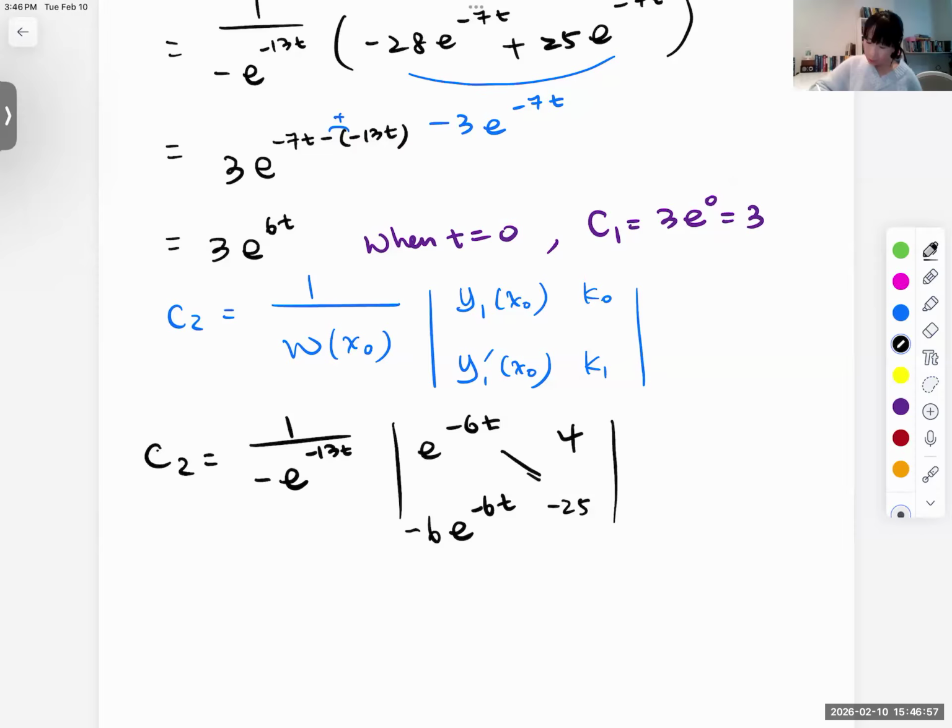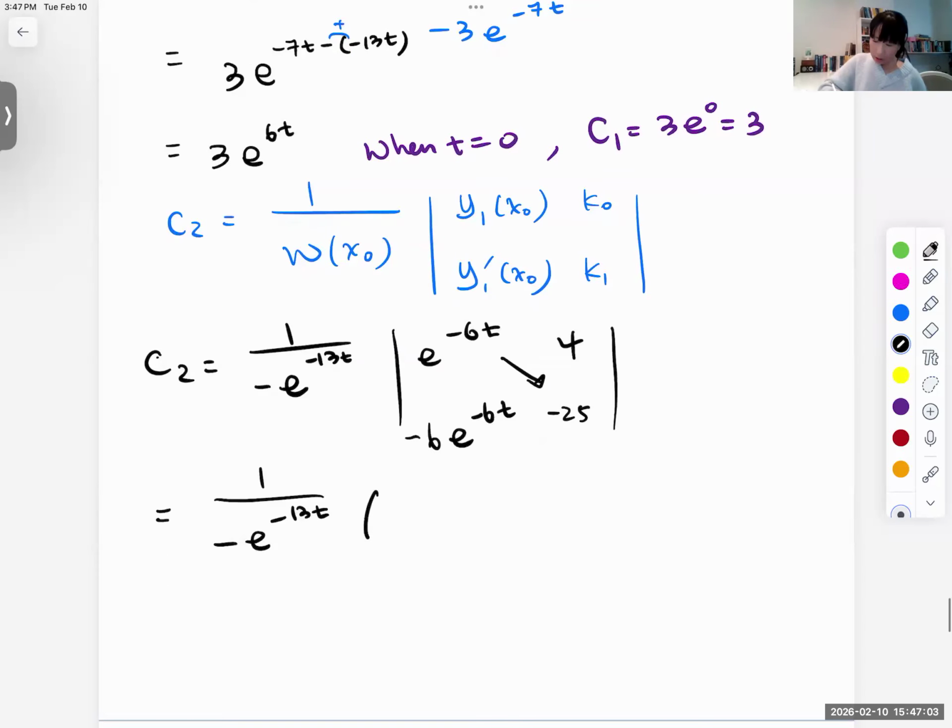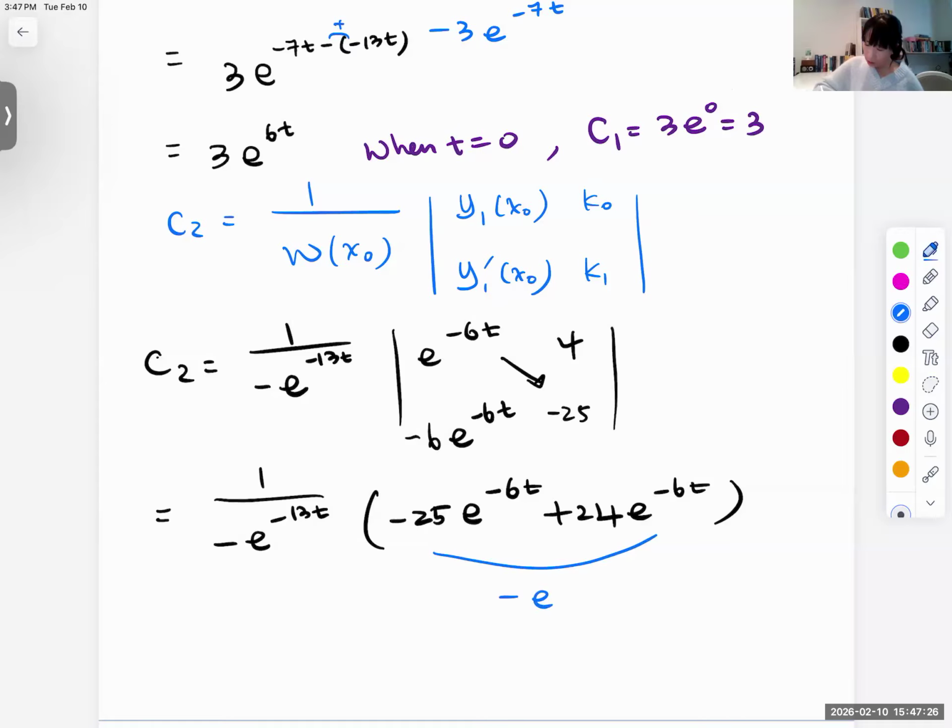So multiply. We have 1 over negative e to the negative 13t, and negative 25 e to the negative 6t plus 24 e to the negative 6t, yeah? Inside we get negative e to the negative 6t, right?